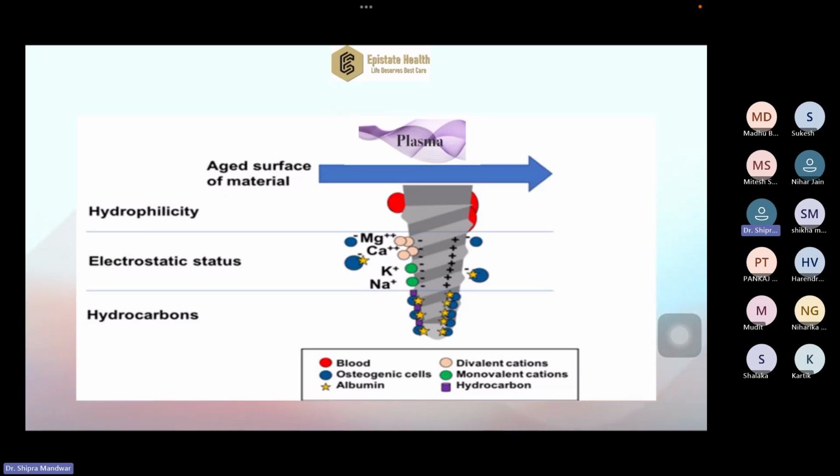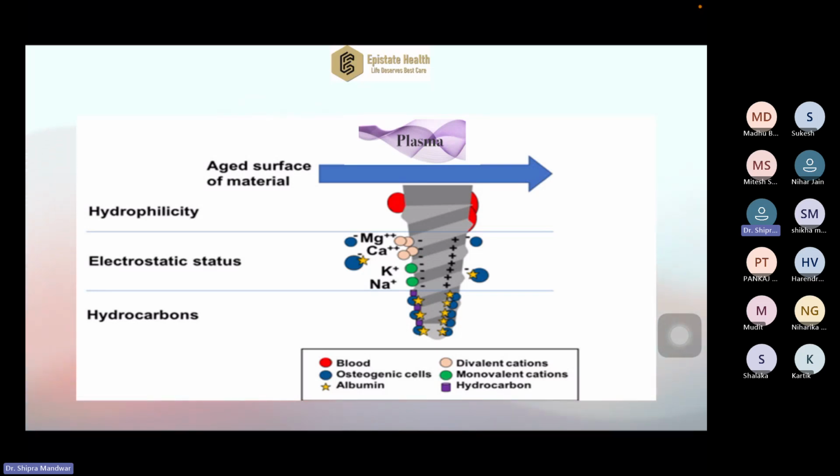So how does that work? The studies have said, and it is proven, that the aging of the implant begins almost on the seventh day from the day of manufacturing. We have implants which have an expiry date of about 3 years, 4 years, but actually the aging of the implant starts at the seventh day from the day it was manufactured.